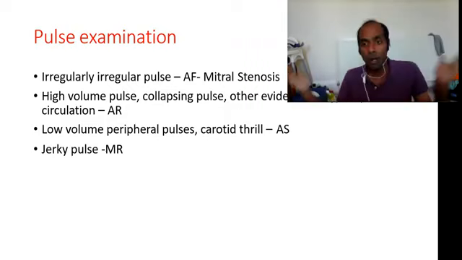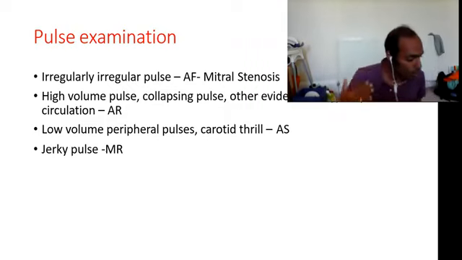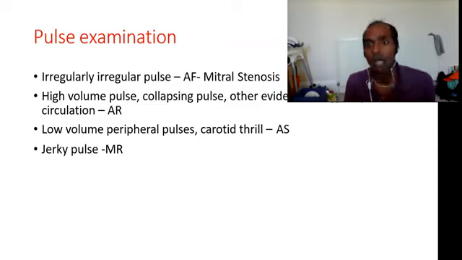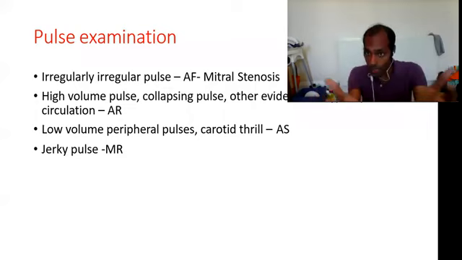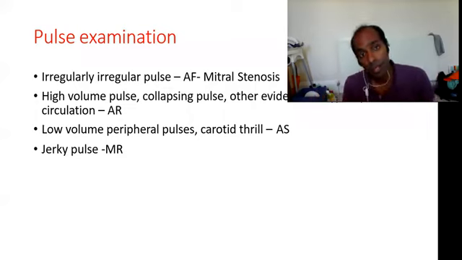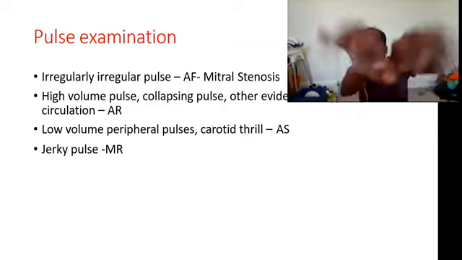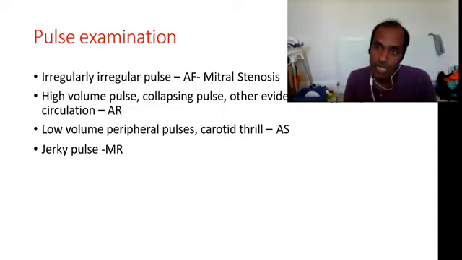So very simple. From the pulse itself, we have diagnosed several conditions now. If you find an irregular pulse, diagnosis is clear, mitral stenosis. If you find a very high volume, hyperdynamic pulse, wide pulse pressure, collapsing pulse, all of these signs, you know it's aortic regurgitation. Because blood is gushing out into the aorta and gushing back in because of the regurgitation.